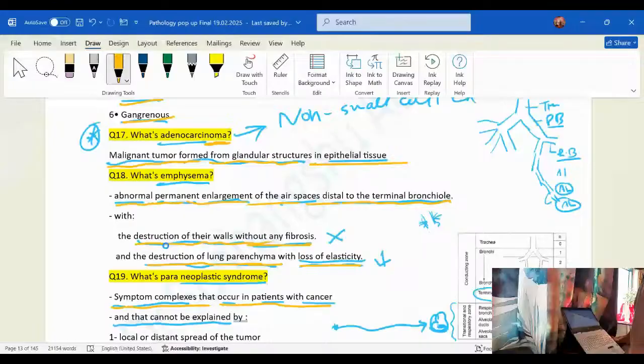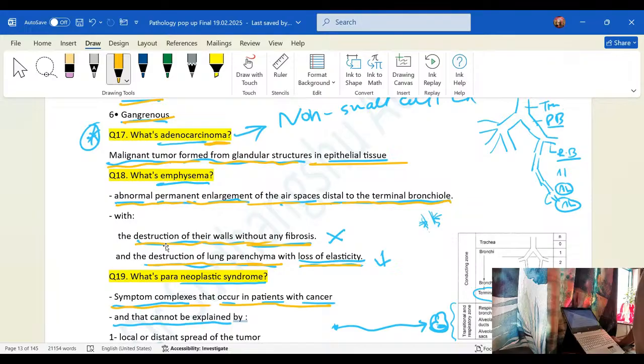They break the wall, but they do not repair it, and they do not make fibrosis. If their elasticity is preserved, then permanent dilatation will not be there. Emphysema is the abnormal permanent dilatation of the air space distal to the terminal bronchiole with destruction of the wall without fibrosis and destruction of the lung parenchyma with loss of elasticity.